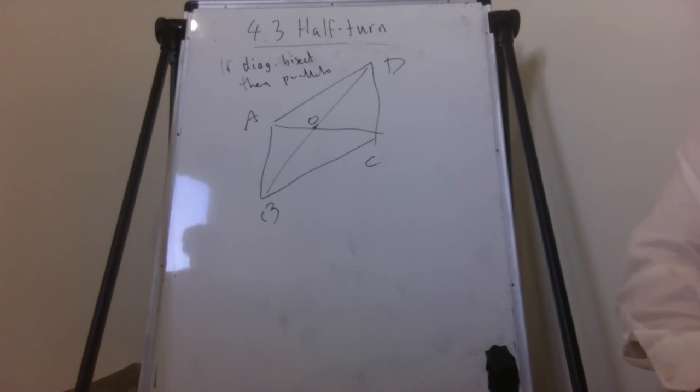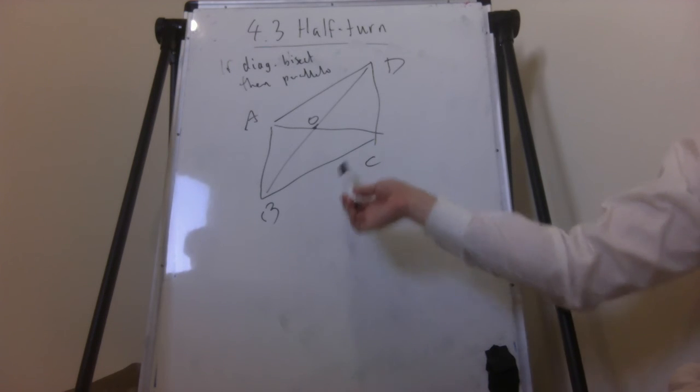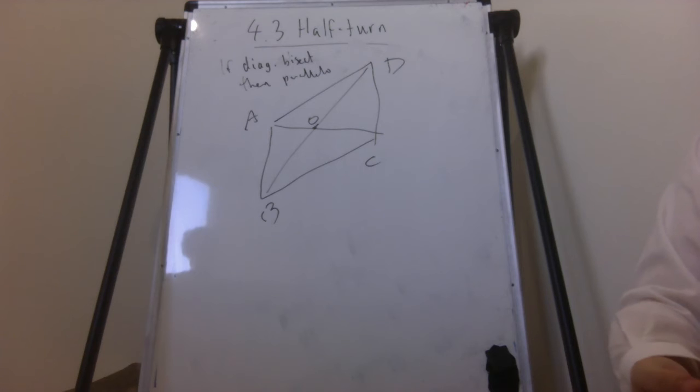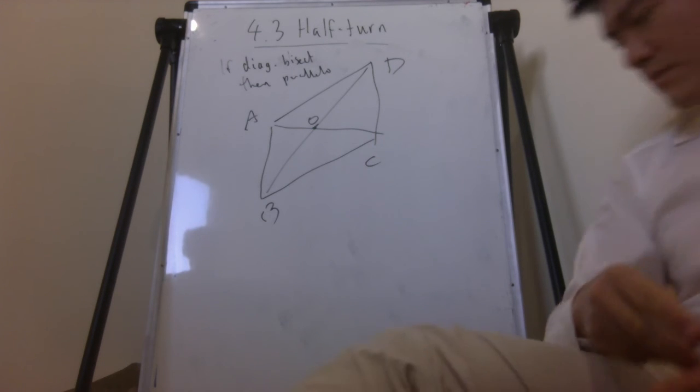Yeah, remember those conditions. Diagonals bisect each other, opposite angles are equal, opposite sides are equal and parallel. So that's the third one, right? That's pretty cool.